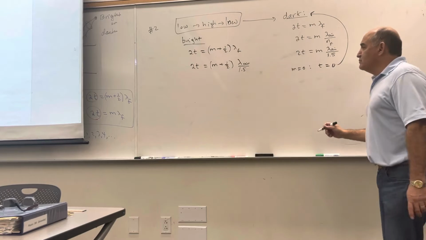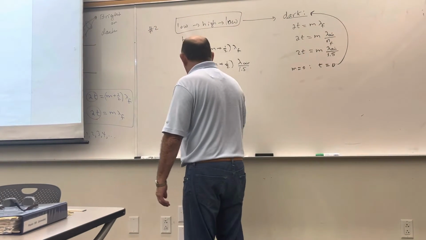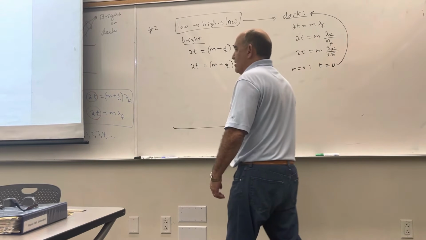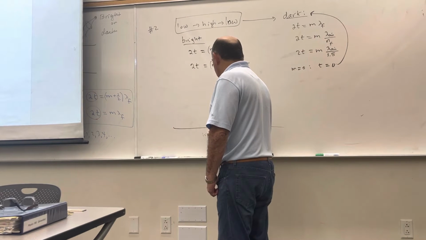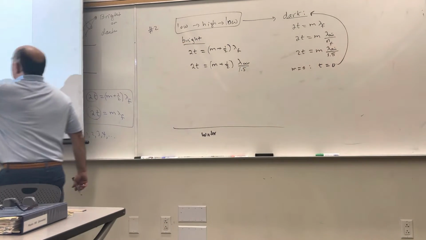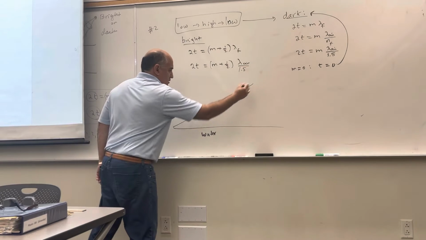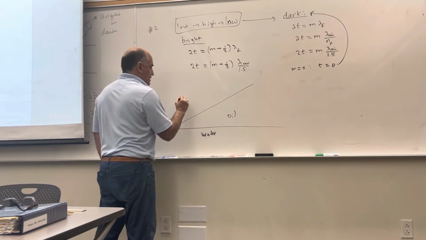And I can think of this problem, it's drawn like that, but I can think of this problem pretty much like this. Like I have here water. And this doesn't have to go up like that. I can just think of it like this. This is the oil, and this is air.